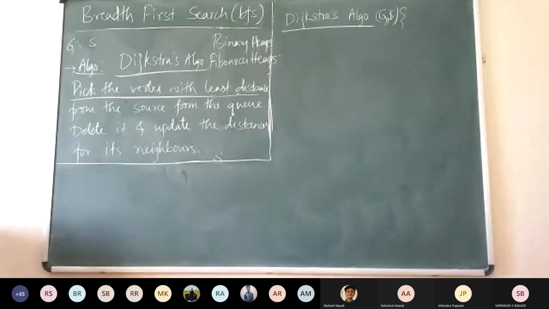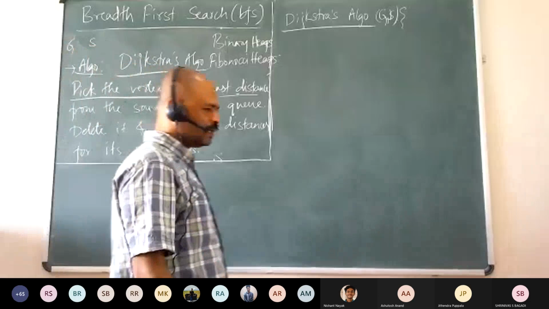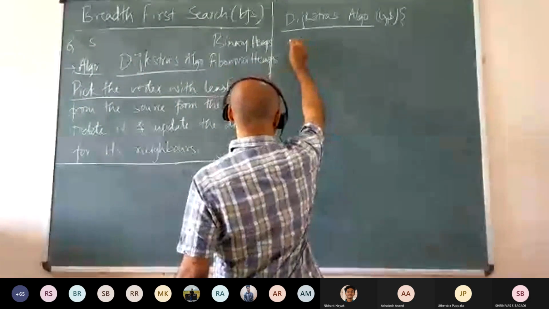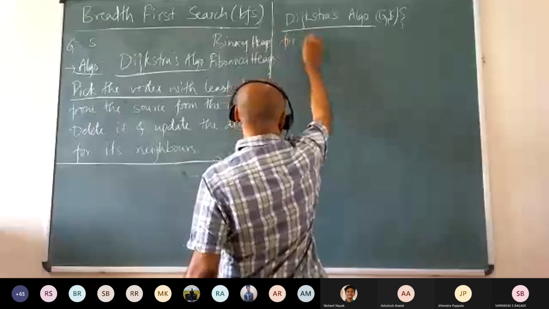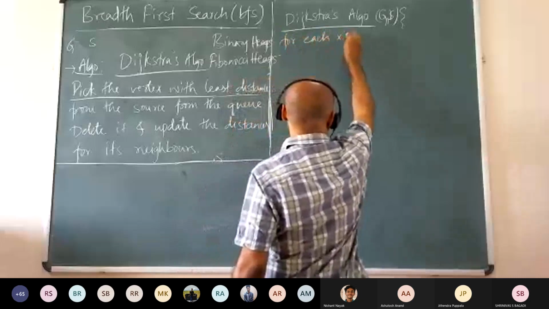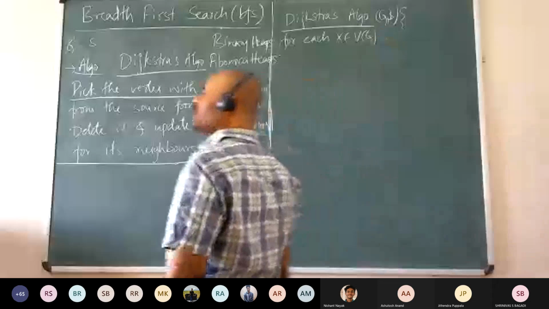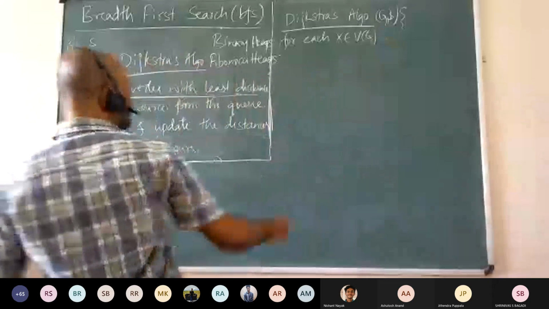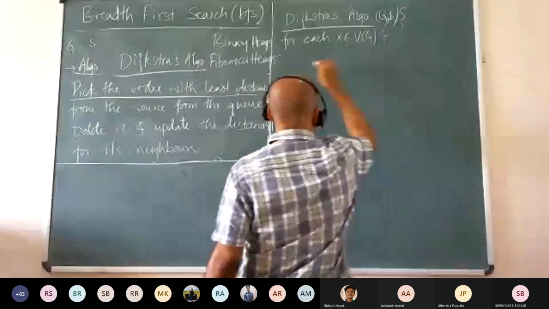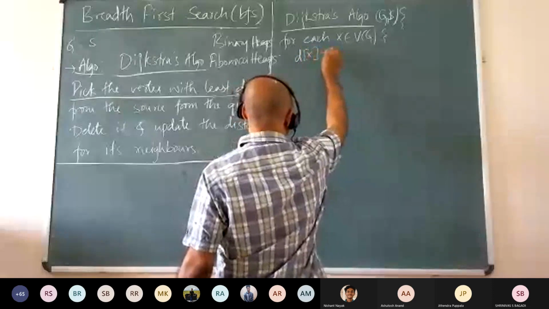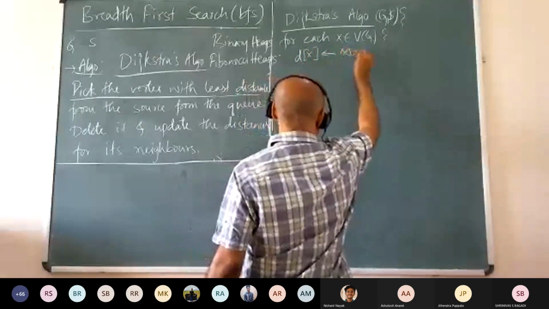We will set the distance of everything to infinity. So for each x belonging to V of G, we need to basically set the distance. Distance of x is set to infinity.